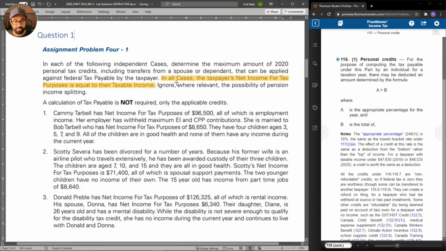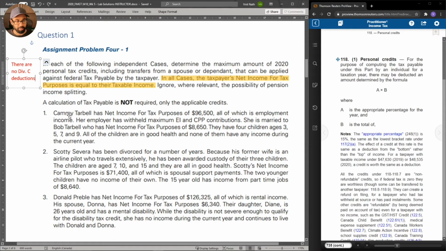In all cases the taxpayer's net income for tax purposes is equal to their taxable income, I've highlighted that just now, because that's another way to say that there are no Division C deductions in this question. Thus, NITP will be equal to taxable income. Now, a calculation of tax payable is not required, only the applicable credits, and that's important that you understand the scope of what is required of you on any question or exam.